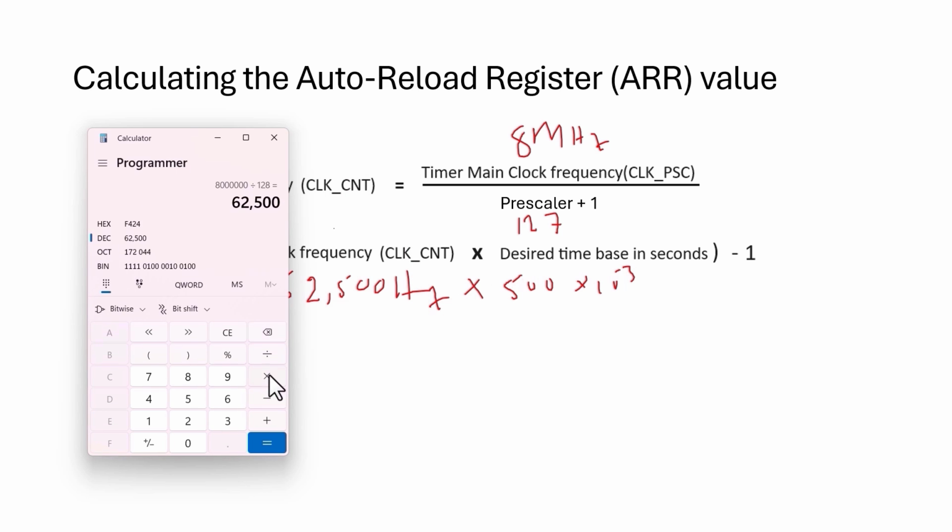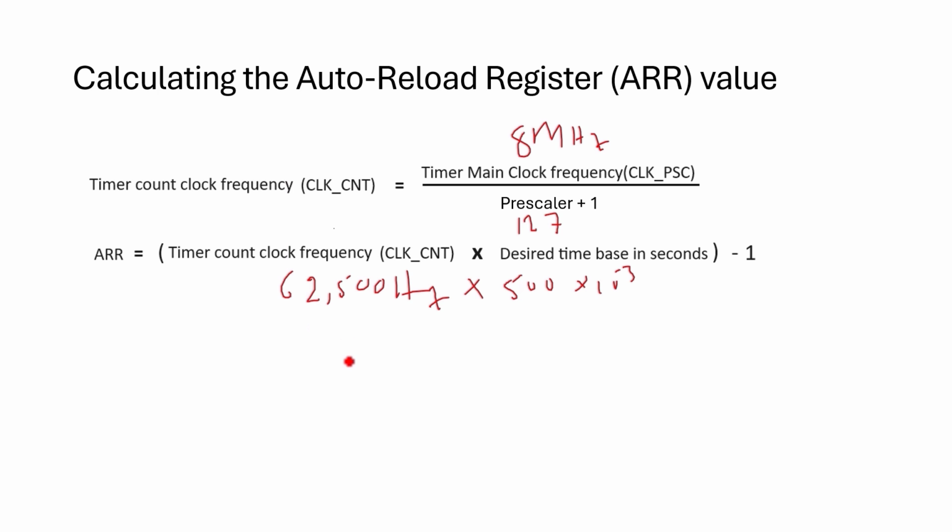Let's do that: into 500, divided by 1000, minus 1. Now we get a value which can fit inside a 2-byte register, that is 31,249. Now we will use this value as the ARR value. So this is our ARR.